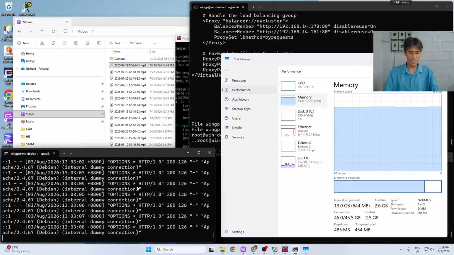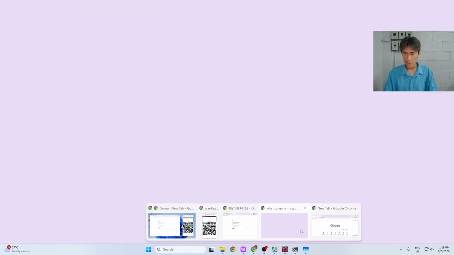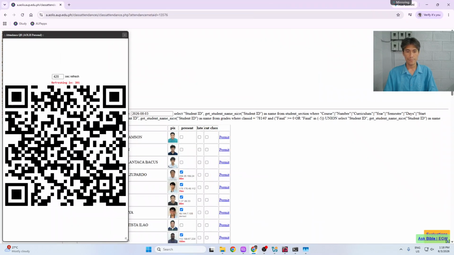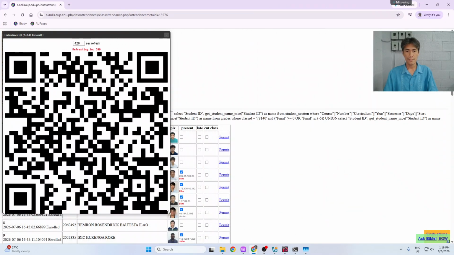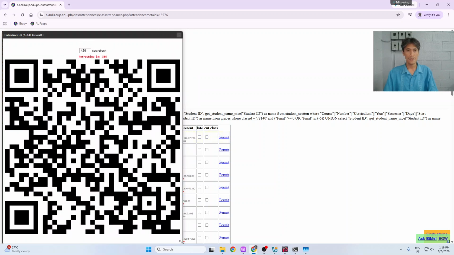Okay, let me just shut down the machines. Ay, sorry. Attendance pala. Where's our attendance QR code? Okay, here it is. As big as possible.